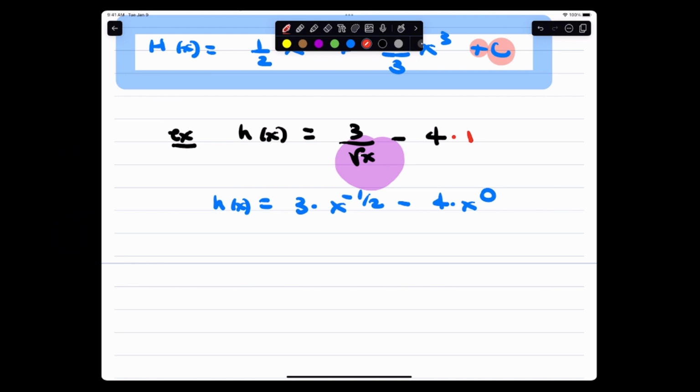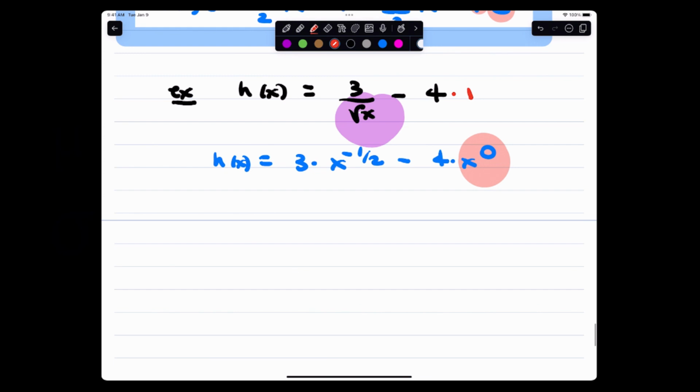Okay? X to the 0. So we need the antiderivative where? What do we need here? This antiderivative and what? This antiderivative. Is that true?